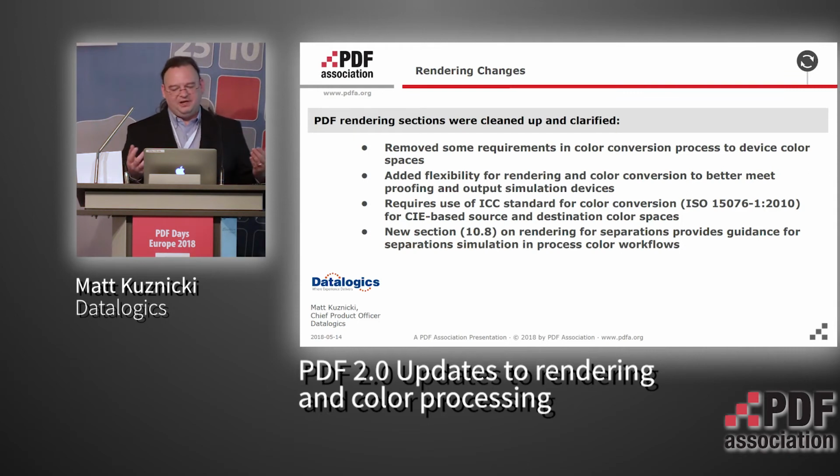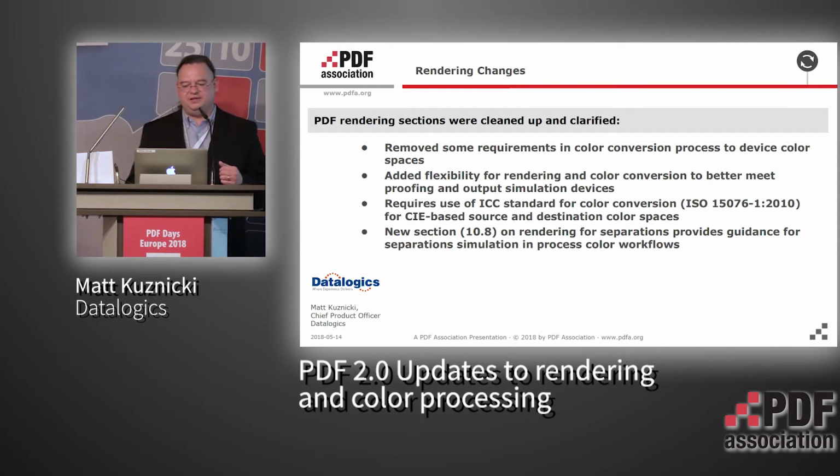We now, in PDF 2.0, require the use of the ICC standard for color conversion for CIE-based source and destination color spaces. It kind of sounds intuitive, but PDF 1.7, if you looked at the spec, didn't actually require this, but in real life, most all of us did it this way anyway. So PDF 2.0 clarifies this.